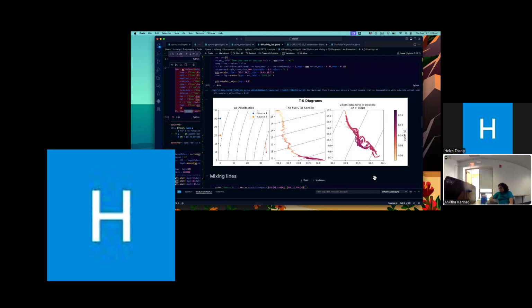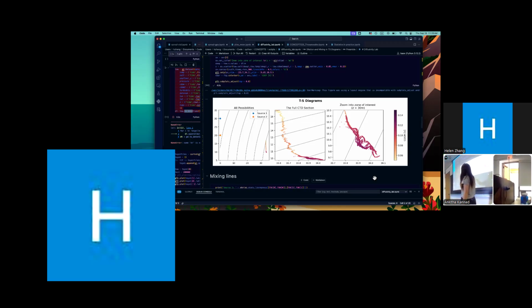As we see, our section is only a very, very little part of it. That's pretty common. If you look at the whole possibility of temperatures and salinities that water could be, the entire ocean sits in a very narrow triangle. It's especially narrow in salinity. Anyway, so this is where we're starting.